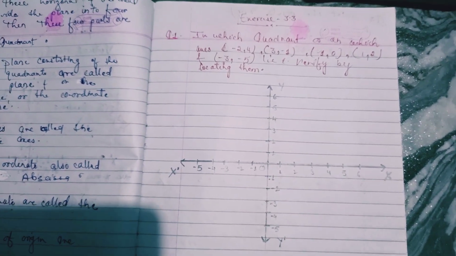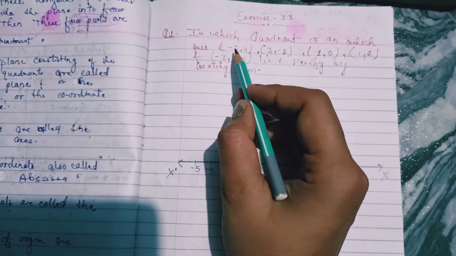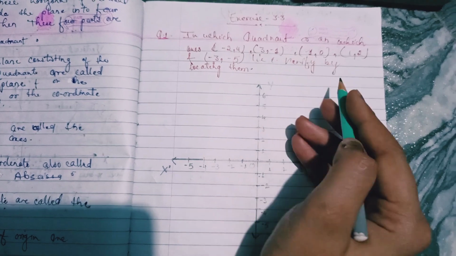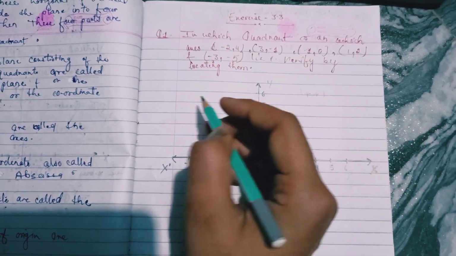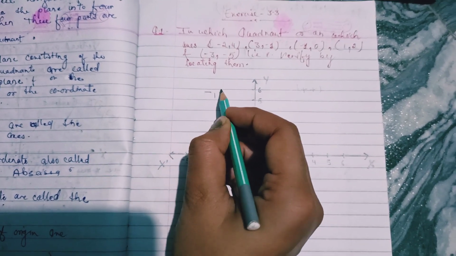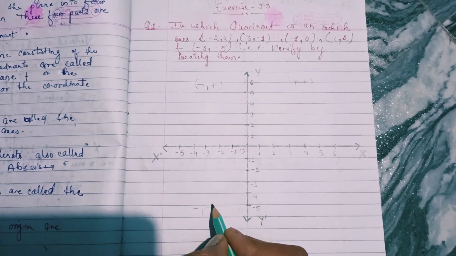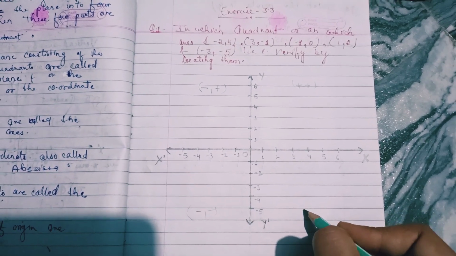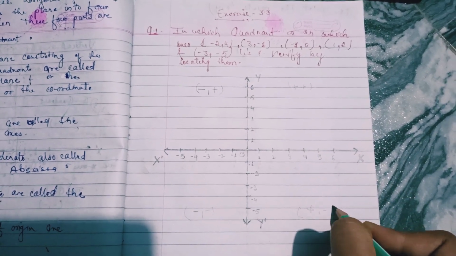Now, in which quadrant or on which axis? Here we can see that this is minus 2 and 4. We know that in this quadrant all positive values lie. Here x is minus and y is plus. Here both negative values lie, and here plus and minus values lie.